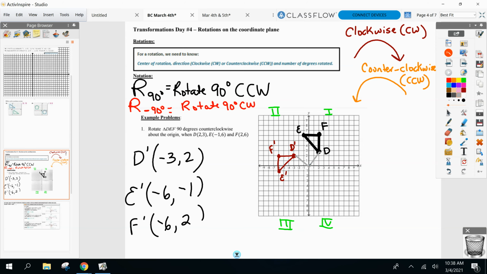See that angle you just made? Guess its angle measure. 90 degrees. So do you see how you just rotated point D through a 90-degree angle right there? Okay? So that's where that 90 comes from. You connect the origin to a pre-image and an image, and it'll make that angle measure.